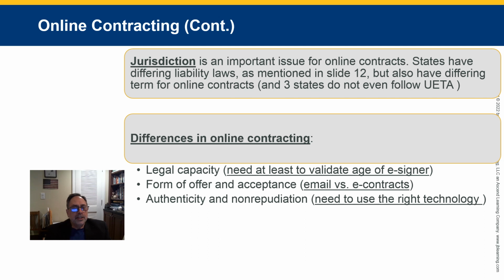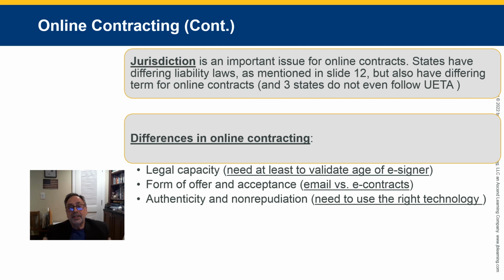So jurisdiction is important. The state you're in, and in some cases different nations, obviously have different rules. And this is important for online contracts because states do have differing liability laws. As mentioned earlier in slide 12, states have different liability laws, and sometimes when you're trying to execute an online contract, the lawyers in different states disagree on which liability law takes effect.